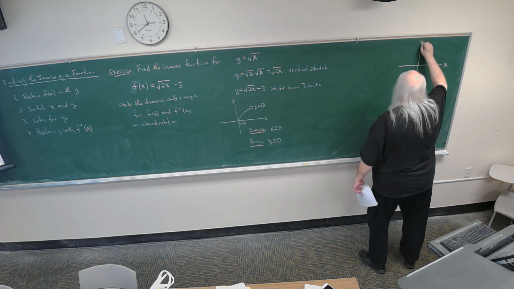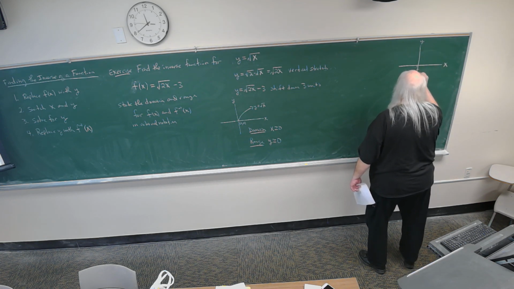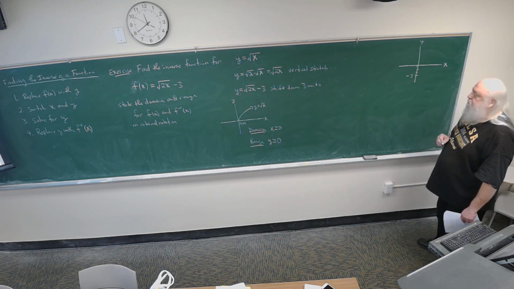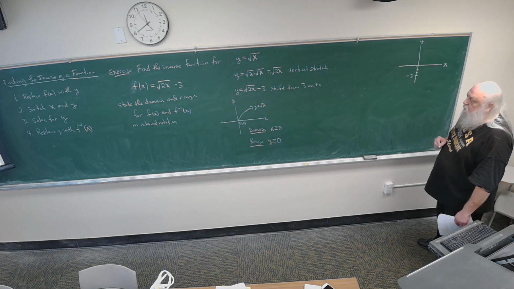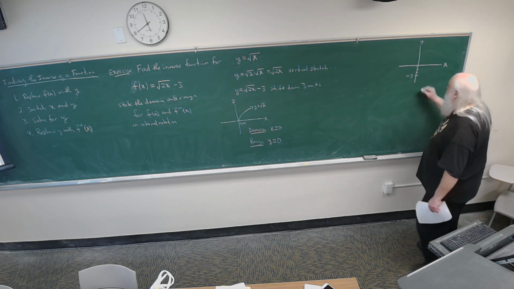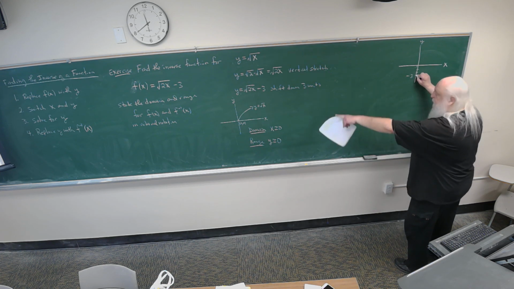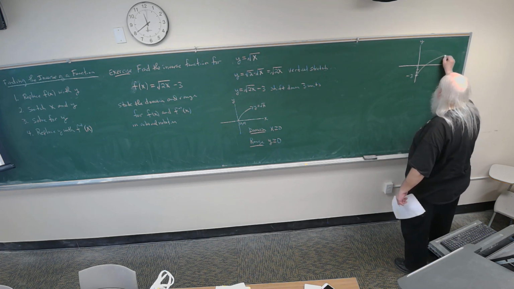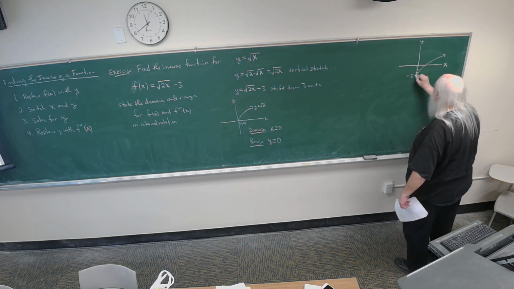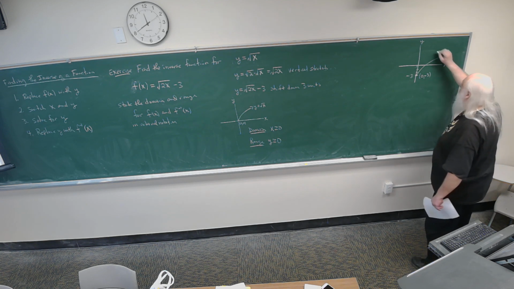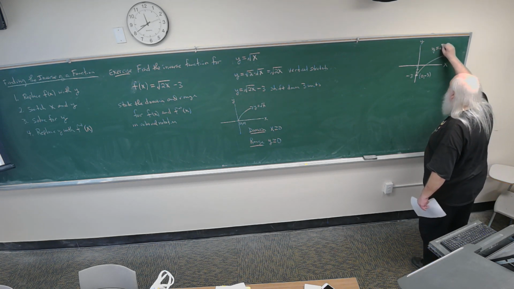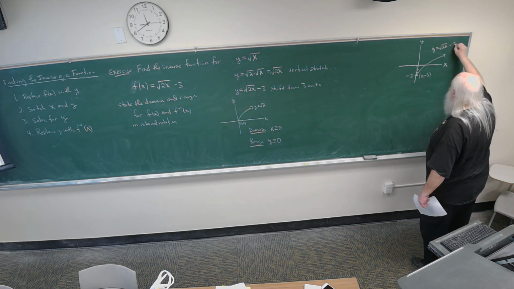Here's the x-axis, and here is -3 on the y-axis, okay? And then the graph, right, looks like that, going up. It's going to cross the x-axis somewhere. But it starts here at the point 0, -3. Okay. So this is the graph of y equals the square root of 2x minus 3.